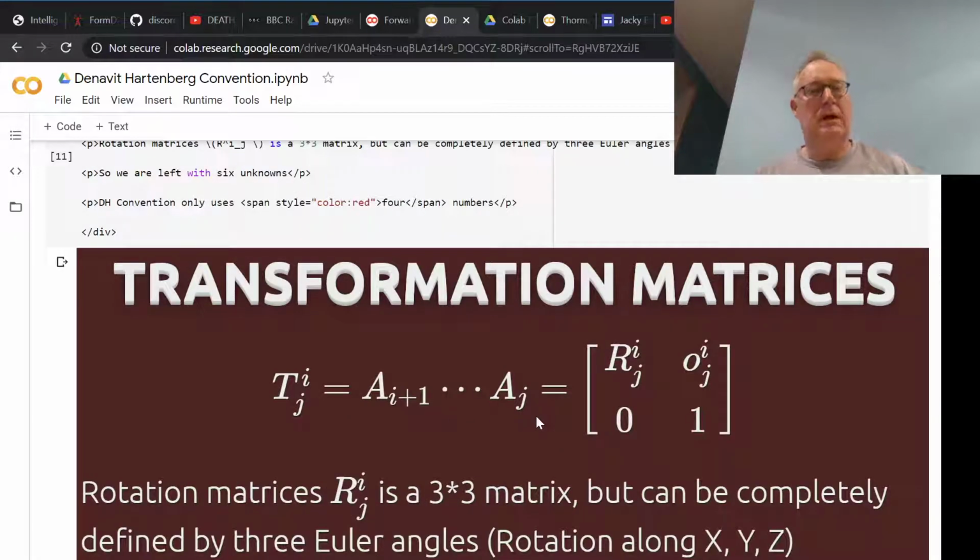So that means that's not magic, right? We cannot make up numbers, but we have to put in some constraints about the relative position where the coordinate systems are attached to the link.